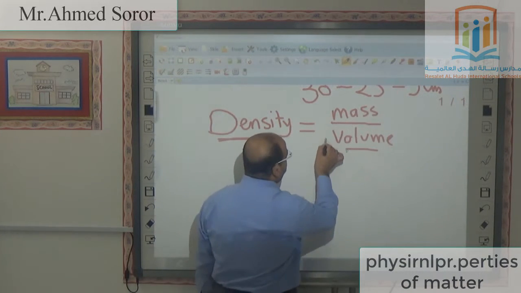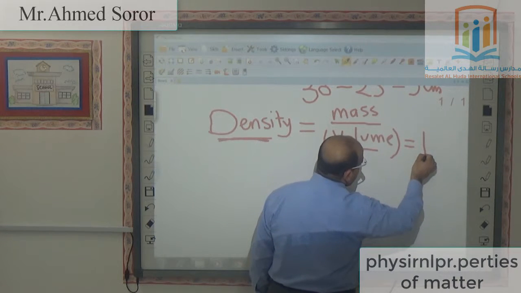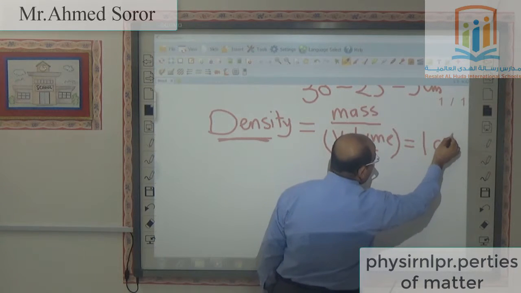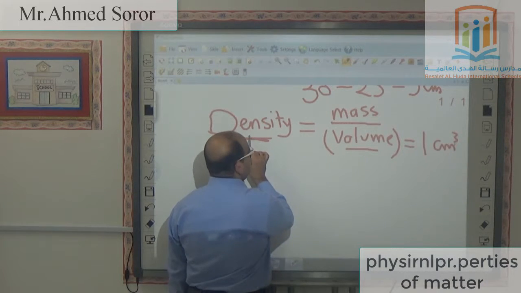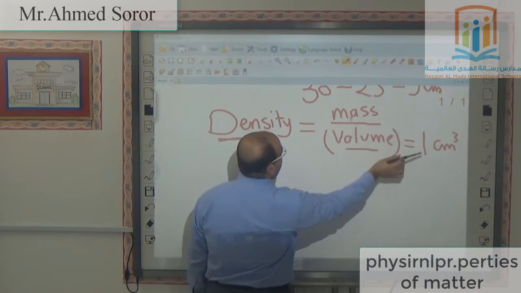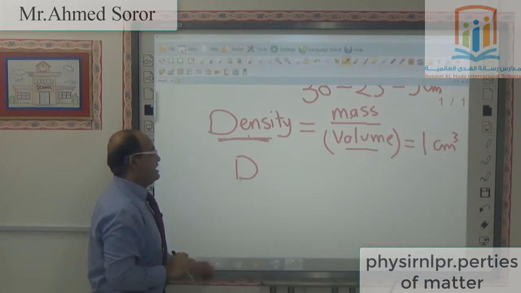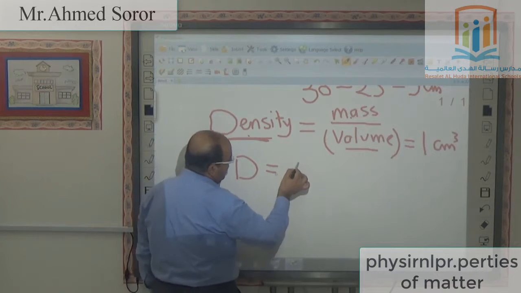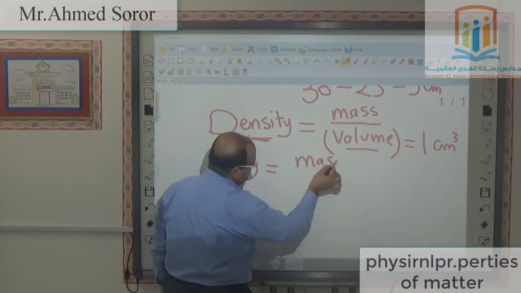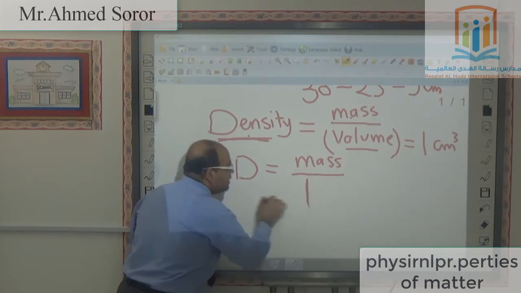If the volume of the substance equals 1 cubic centimeter, this means that density equals mass divided by 1. Density, which has the symbol D, equals mass divided by 1.